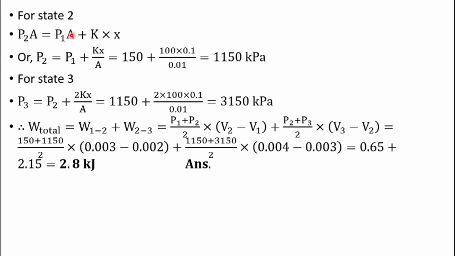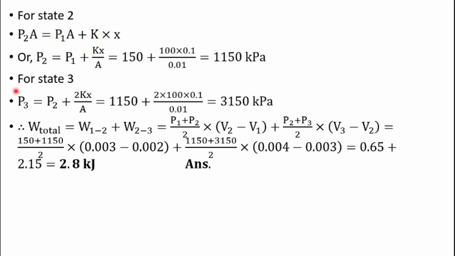Now the pressure at state 2 can be found because by force balance, P2 into area equals P1 into area, the initial pressure, plus the pressure due to the spring, and from that we can calculate the pressure P2.